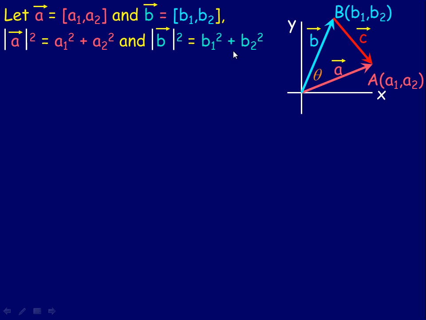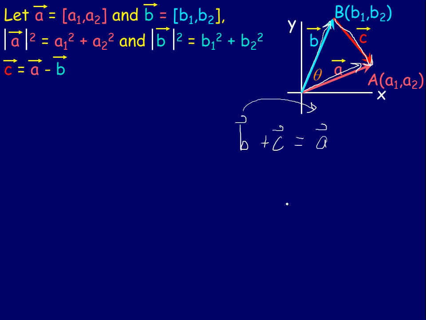Same for B. Now, in the diagram, vector C is vector A minus B. If you use the triangle law here, notice that if we take this vector right here, B, and C are placed tail to tail, B plus C is equal to this vector A. So if I rearrange this by subtracting B from both sides, I get C is equal to A minus B. So vector C is vector A minus vector B.